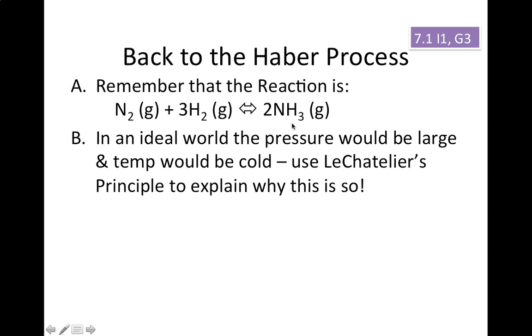So I want to get as much NH3 out as possible. So I have 1 plus 3, that's 4 moles of gases on my reactant side, but only 2 moles of gases on my product side. And I said pressure is going to be large, so I'm going to increase the pressure. That's the stress that I'm putting on it. So it has to shift to the side with the least number of moles, creating more of my product, the NH3.